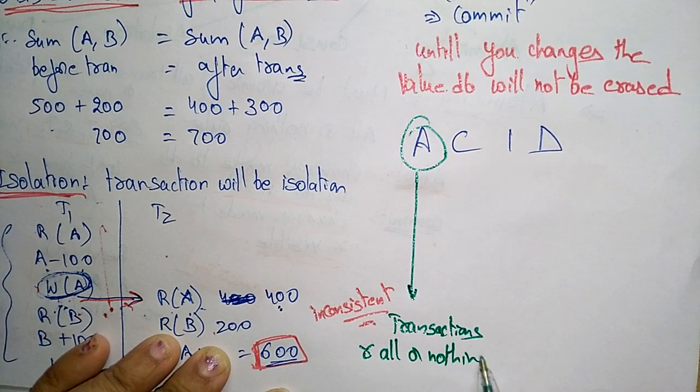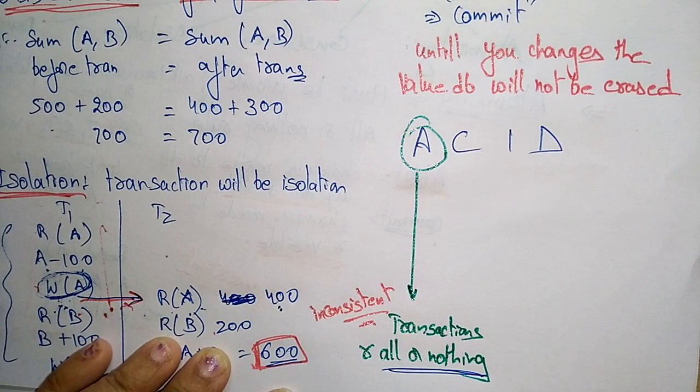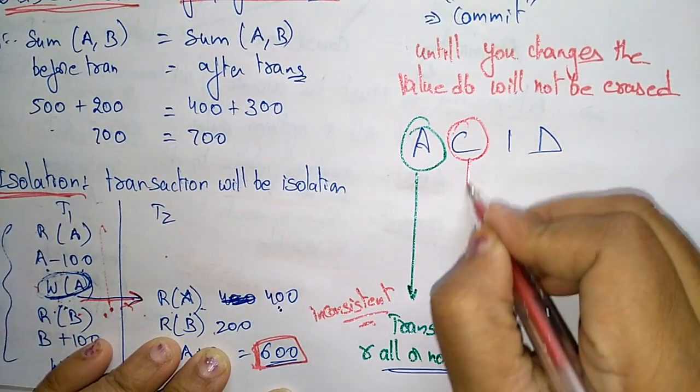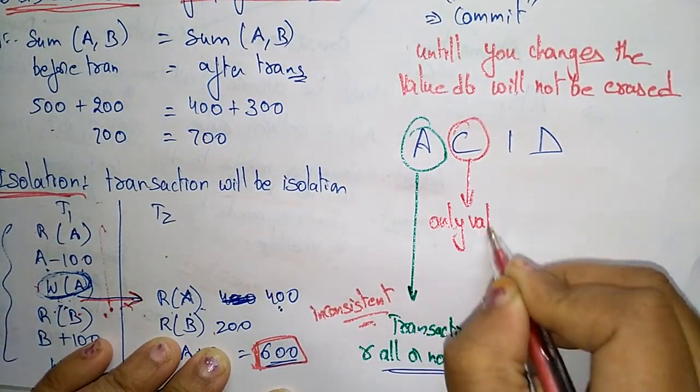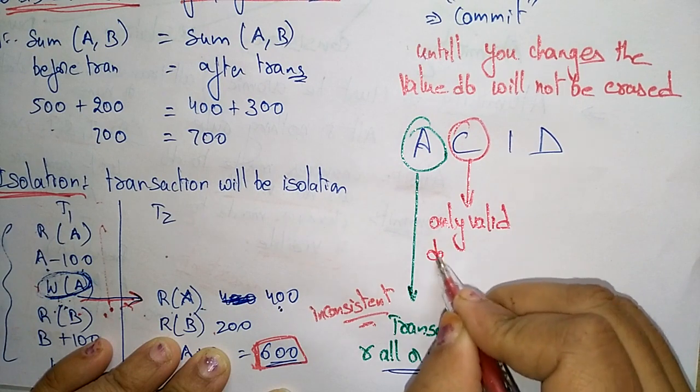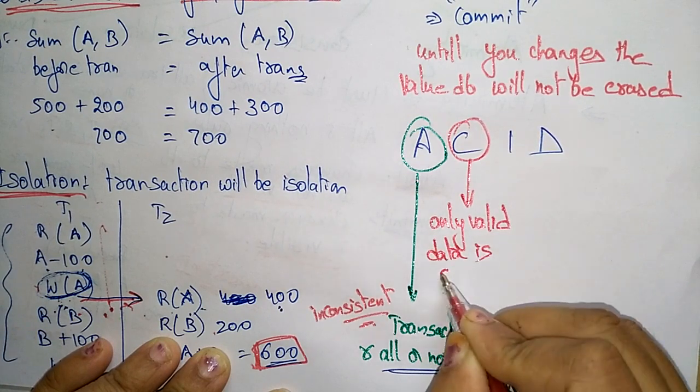C is the consistent state, meaning only valid data is saved.